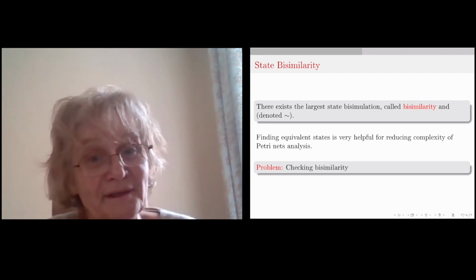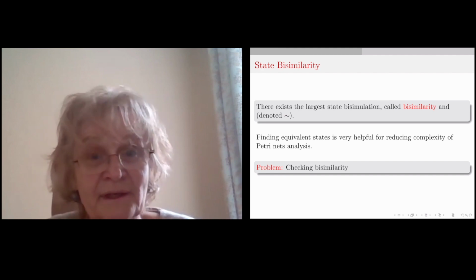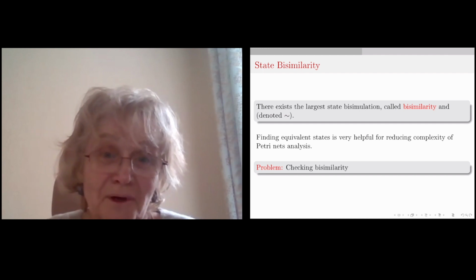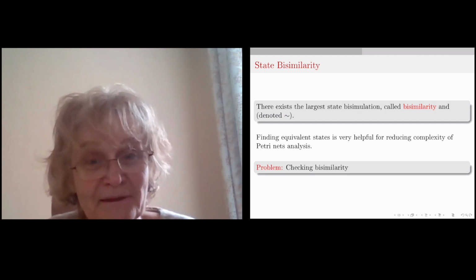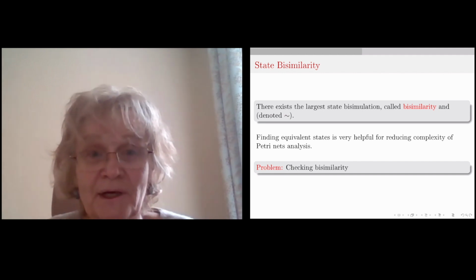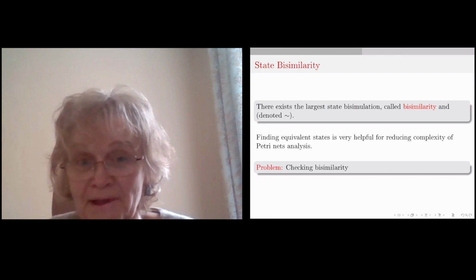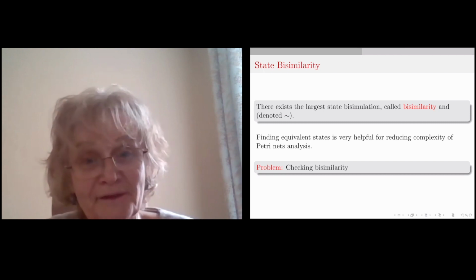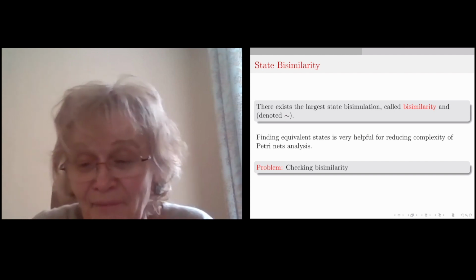But what is surprising is that trace equivalence is much more complex than bisimilarity. So bisimulation equivalence is easier to check. For finite state machines, it can be checked in polynomial time. And trace equivalence is PSPACE-complete.